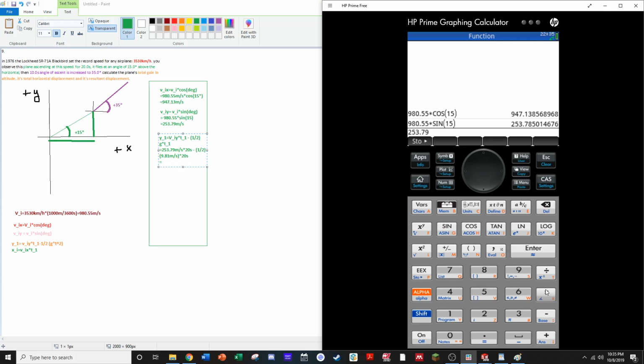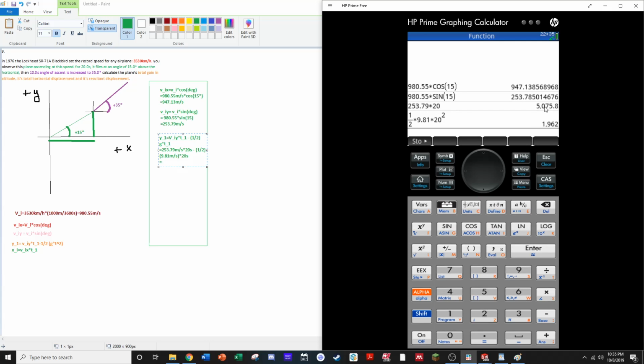Once we plug it into our calculator, 253.79 times 20, and then I'm just going to do 1/2 times 9.81 times 20 squared.